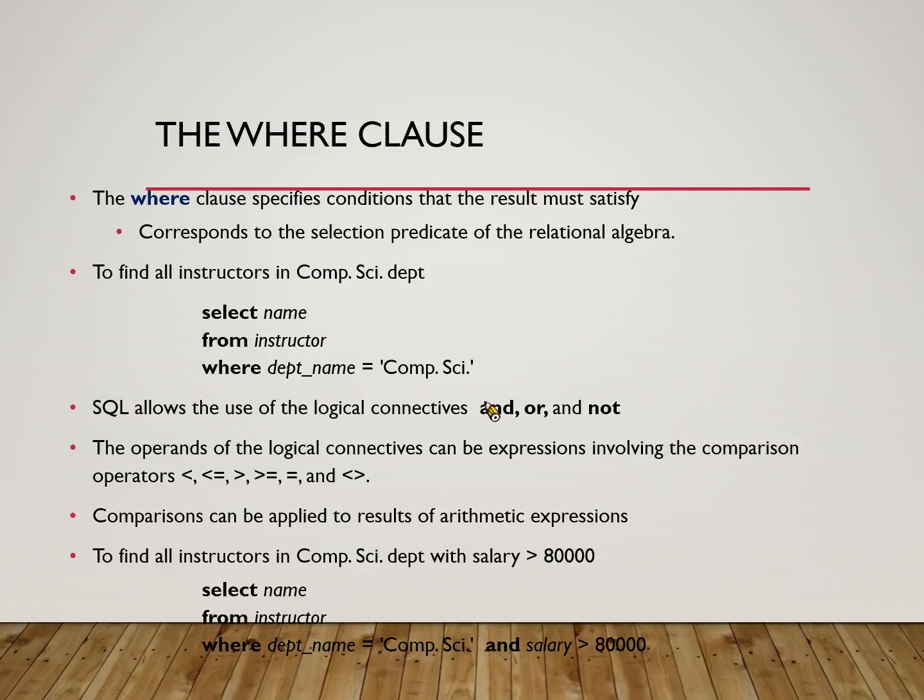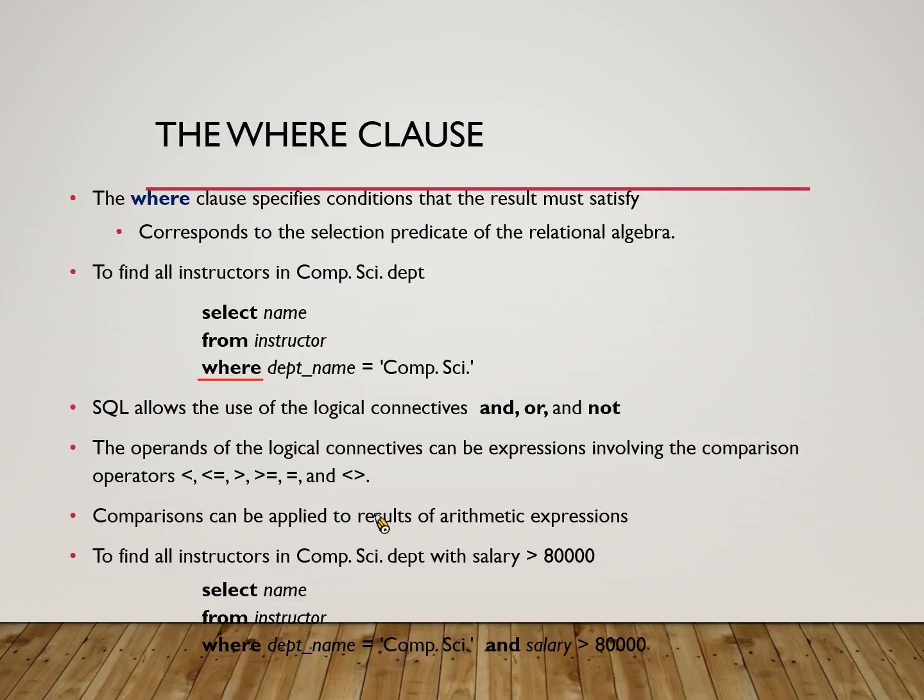And if we have more conditions, we can use the logical connectives and, or, and not. And the operands of the logical connectives can be expressions involving the comparison operators less than, less than or equal, more than, more than or equal, equal to, and not equal to.